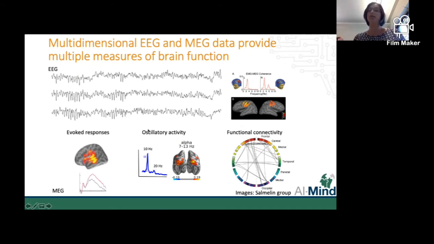We can look at oscillatory activity, the frequency components of the signals. We can look at coherence between the signals and some external reference signal, for example muscle signals, or we can look at functional connectivity, synchronization and coherence between different brain regions.